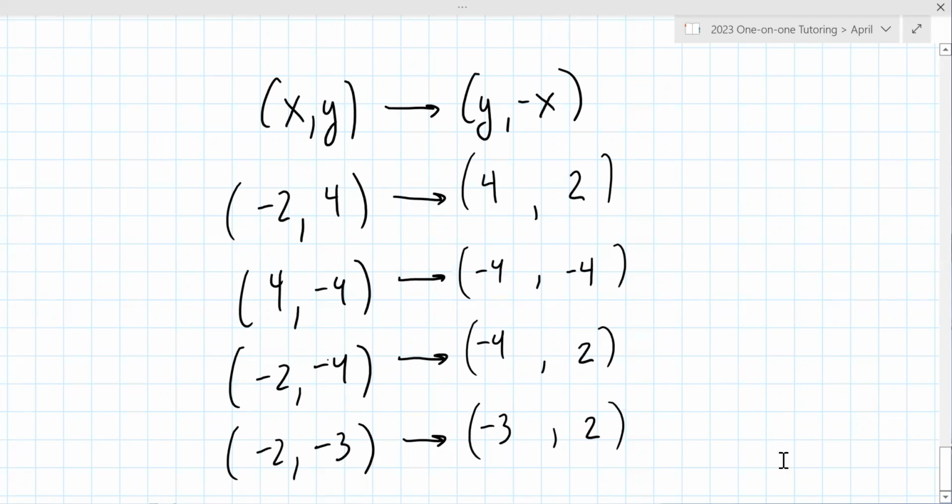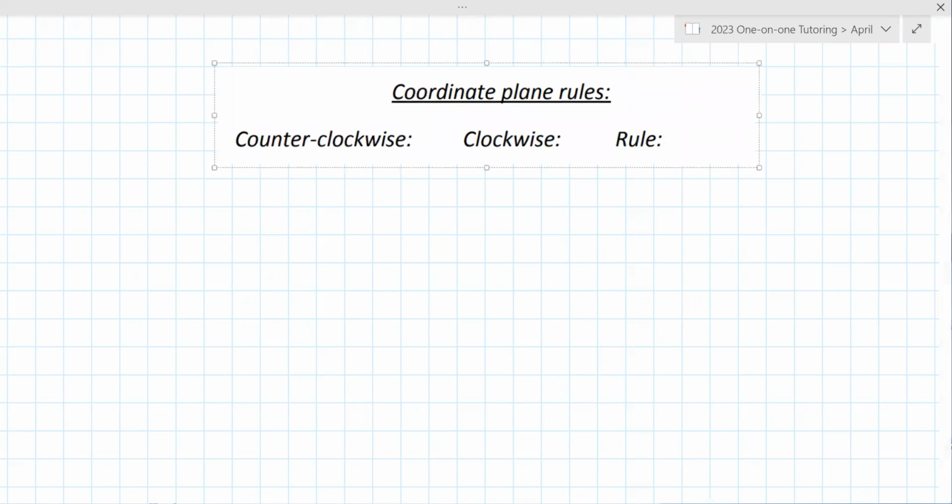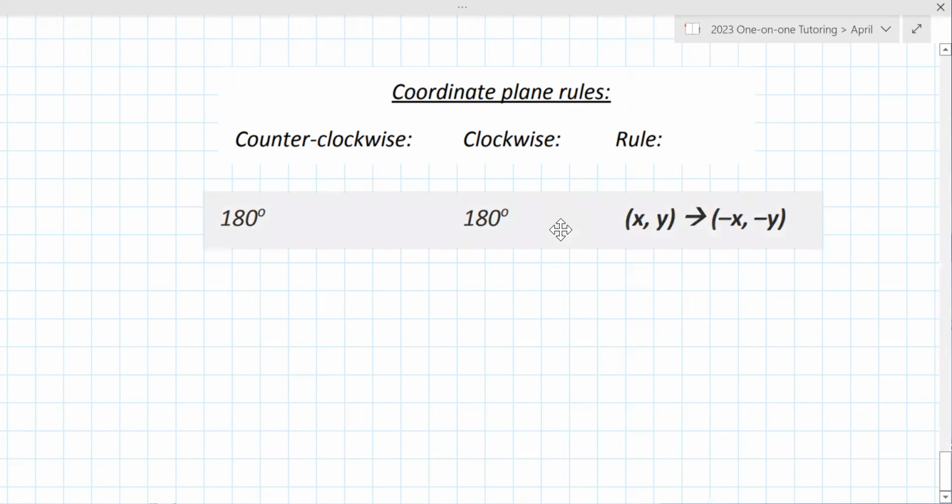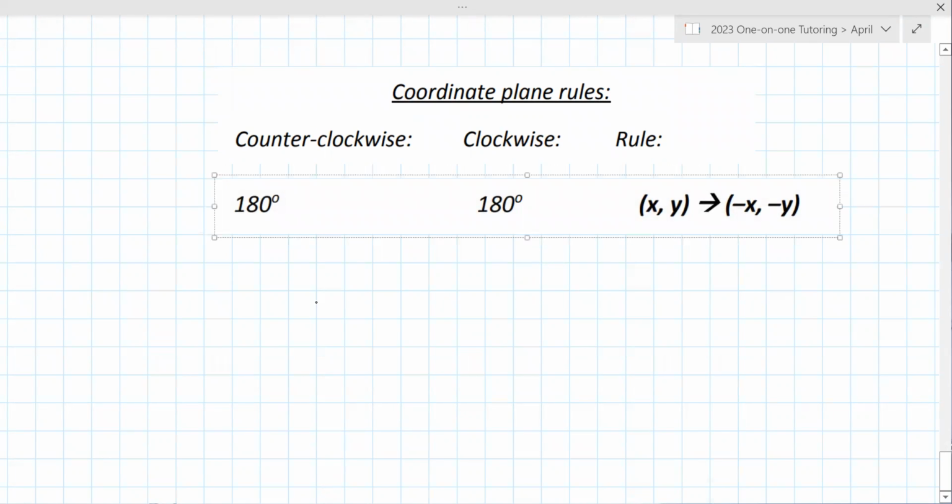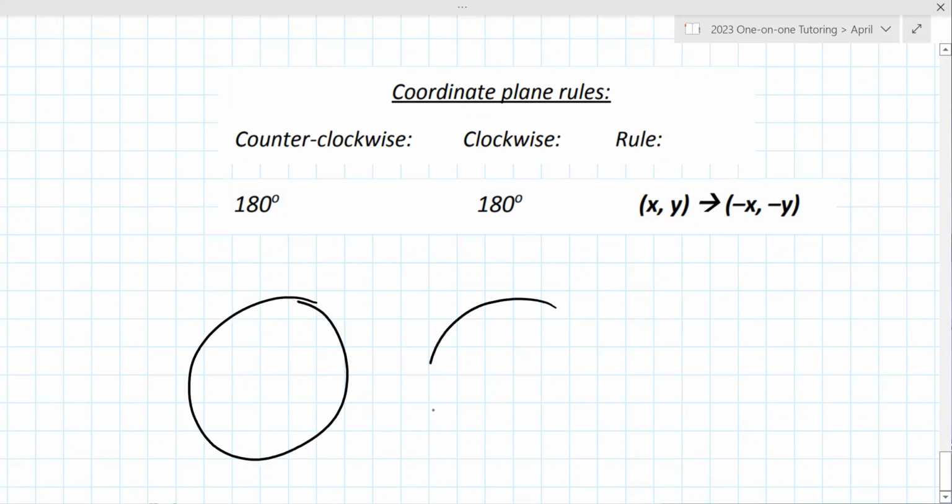All right. So we have covered two different types of transformations today. There is a third, I'm sorry, rotations. There is a third that is perhaps the easiest of them. So this is the counterclockwise 180 and clockwise 180.